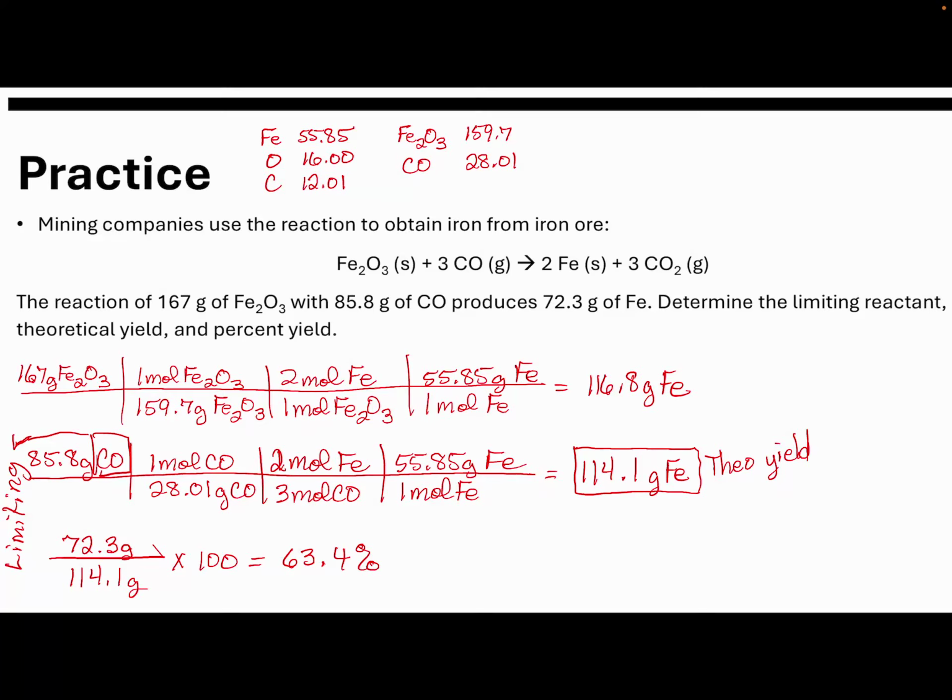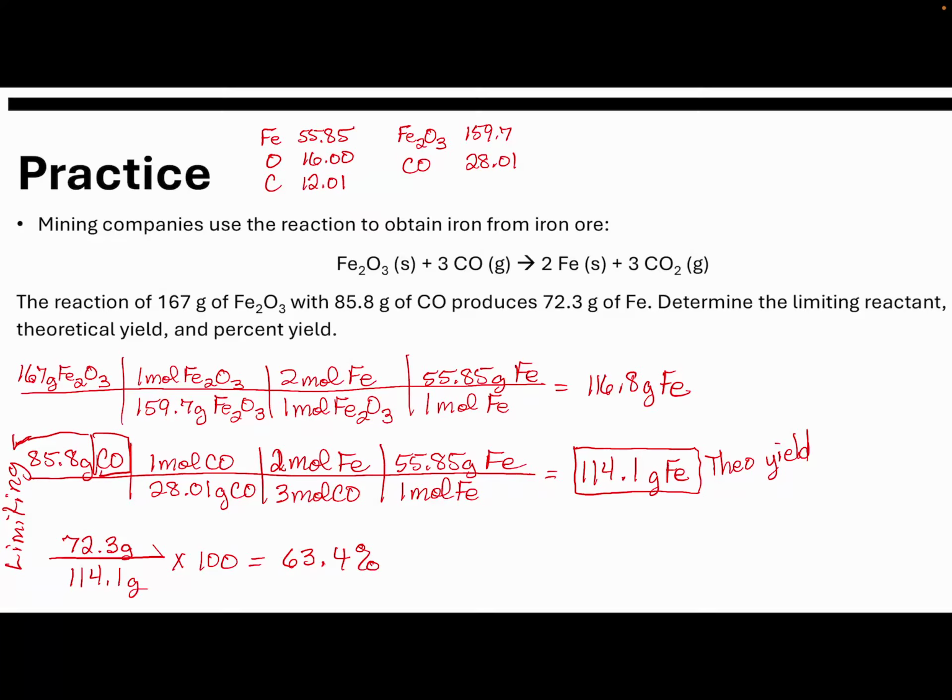I did the same thing with the carbon monoxide. I started out with a mass of carbon monoxide. I converted that into moles of carbon monoxide using the molar mass of carbon monoxide. Then I converted the moles of carbon monoxide into moles of iron using the mole-to-mole ratio from the balanced chemical equation. And ultimately, I got it into mass of iron using the molar mass of iron.